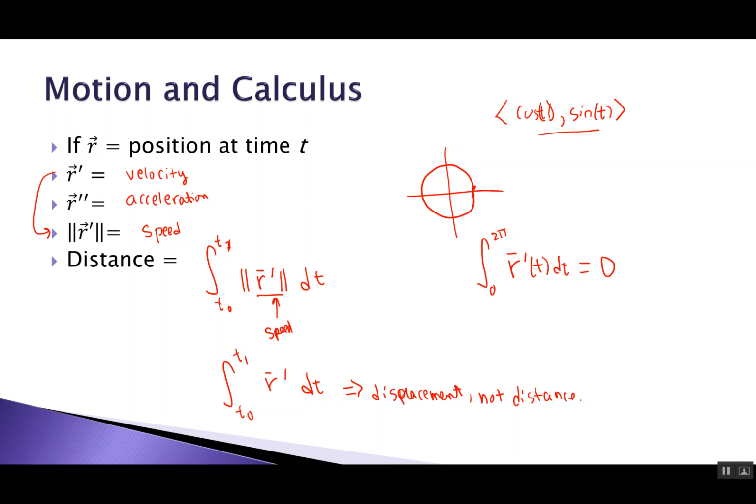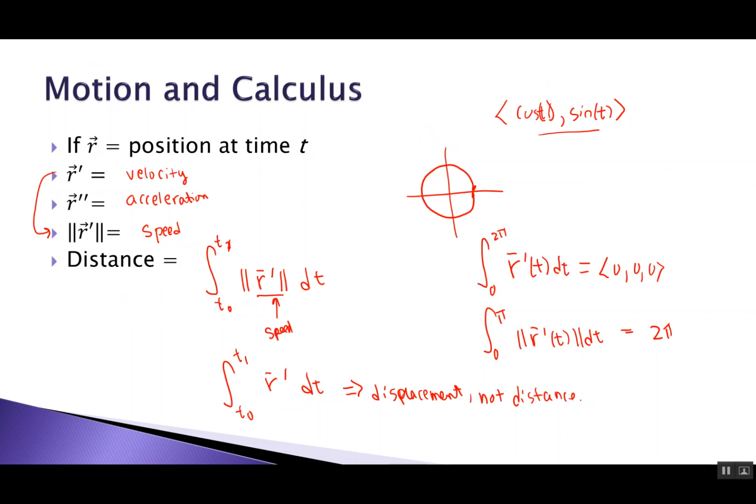No displacement. On the other hand, if I integrate the length of that, I would get 2 pi because I would travel around the circle 2 pi. And actually up here I wouldn't get the number 0, I would actually get the vector 0. I wouldn't even get a number. Okay, because r prime is a vector.